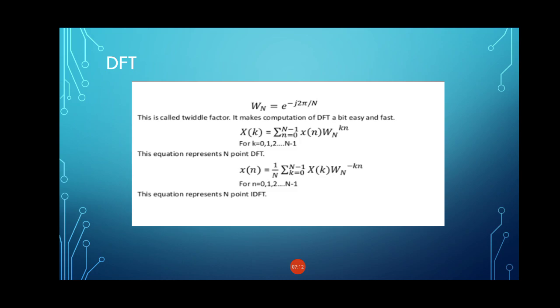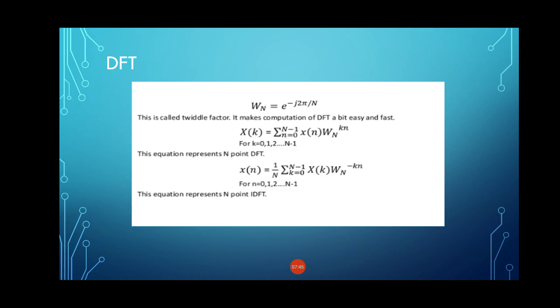Now e to the power minus j twice pi by N has gone into the literature as the twiddle factor, W suffix N. It is the symbolic representation and is called the twiddle factor.